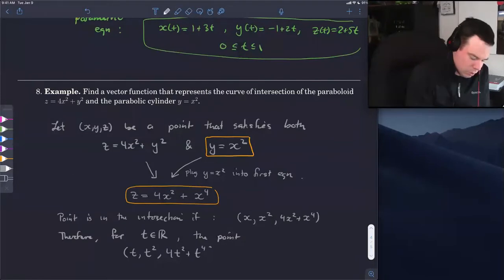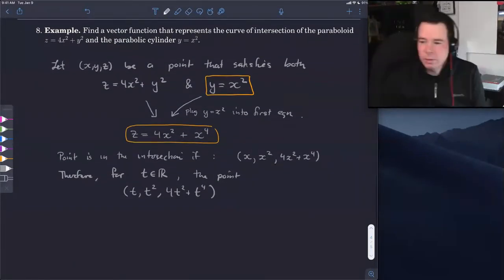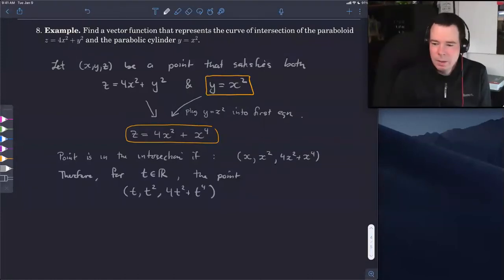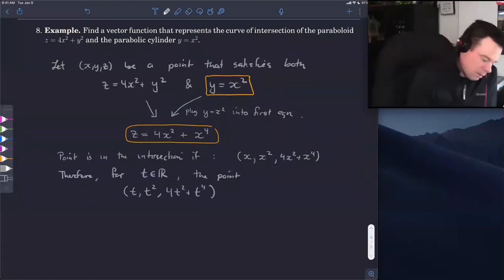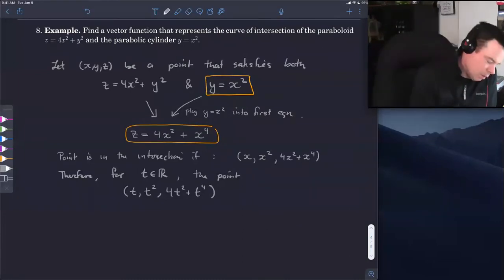All I did was replace x with the variable t, because x was essentially a dummy variable in that first equation. It was just whatever the x value is, the y value better be the square of it, and the z value better be 4x squared plus x to the fourth. If those conditions are satisfied, then it's on the intersection. So for any t, this point is in the intersection.